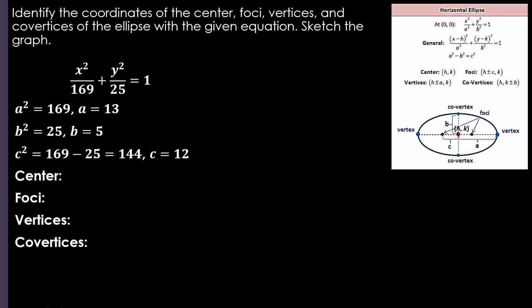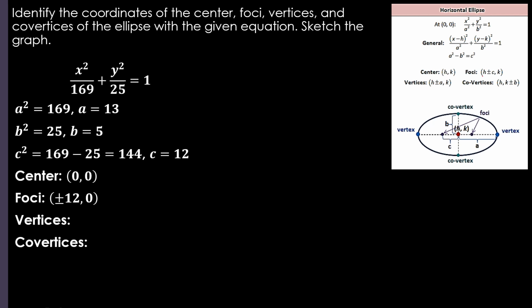Now, let's find the coordinates for the center, foci, vertices, and co-vertices since we have the values of a, b, and c. With this equation, we can say that the center is at the origin, or at (0, 0). How about the foci? The foci are at plus or minus 12, 0.